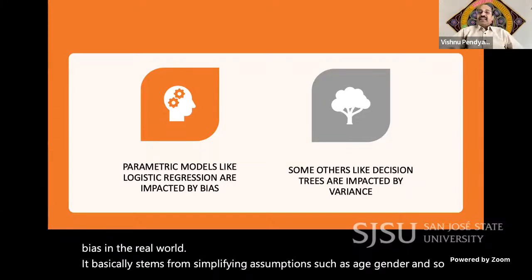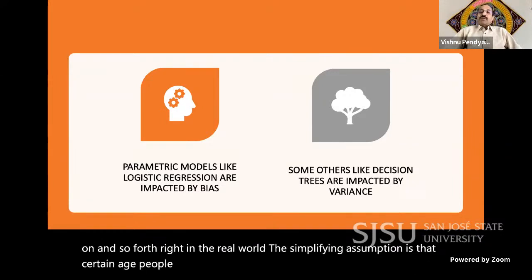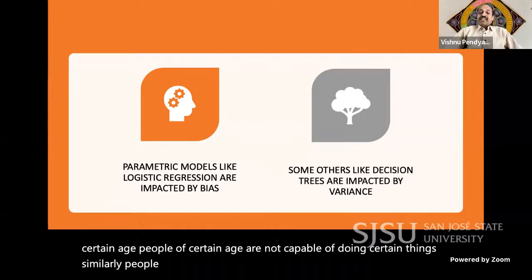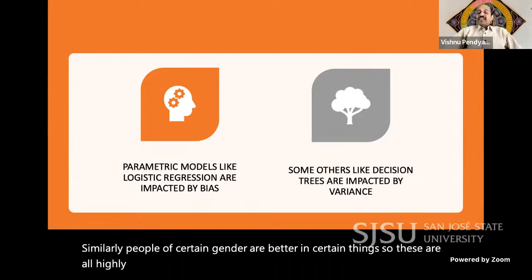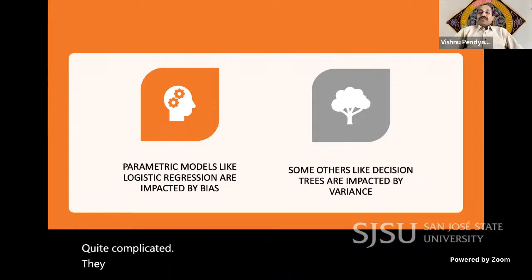In the real world, the simplifying assumption is that people of certain age are not capable of doing certain things. Similarly, people of certain gender are better in certain things. These are all highly simplifying assumptions, and they're very error prone because human beings are not that simple, right? We are quite complicated. We are capable of a lot of involved stuff. We cannot be simplified so easily.